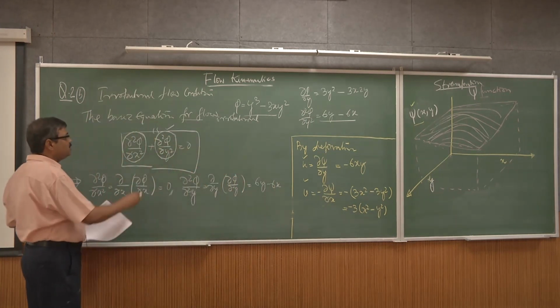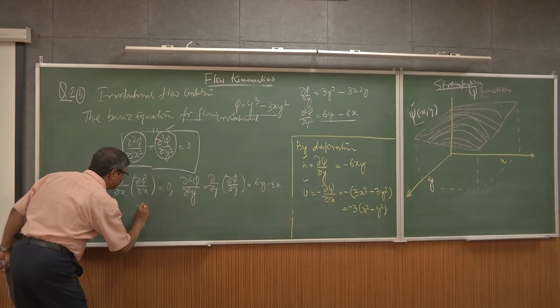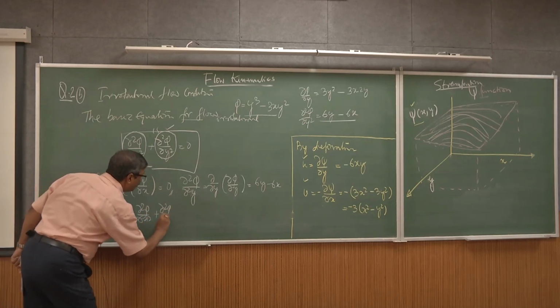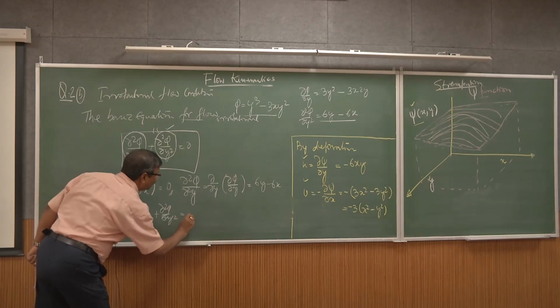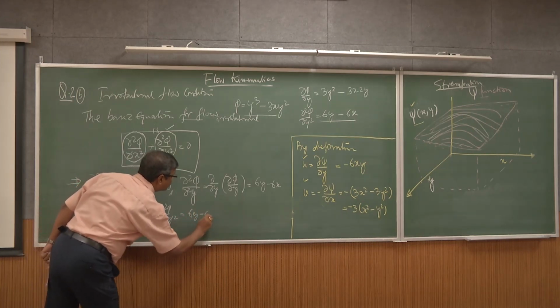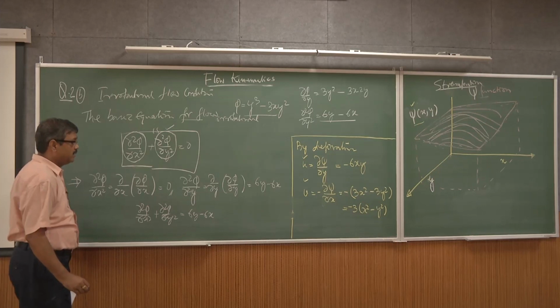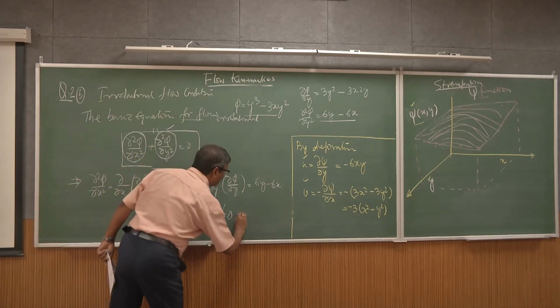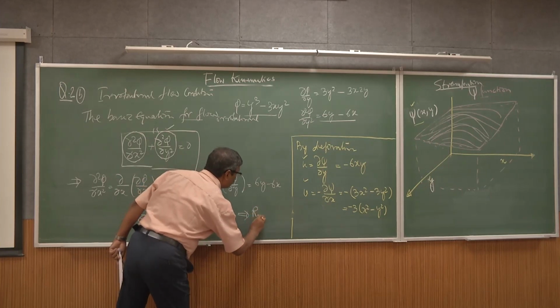So, if I substitute these values, the Laplace equation of phi here gives 6y minus 6x. So, it is not equal to 0. That means the flow is rotational.